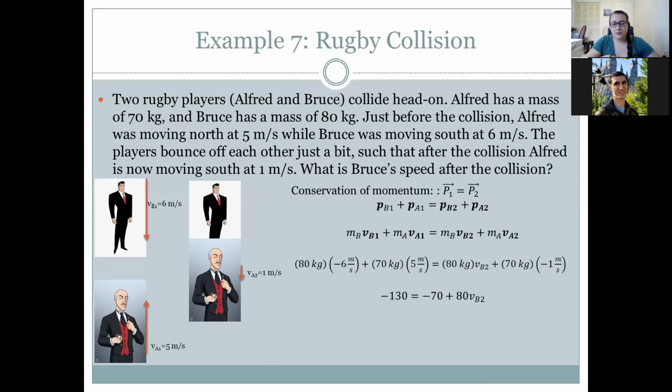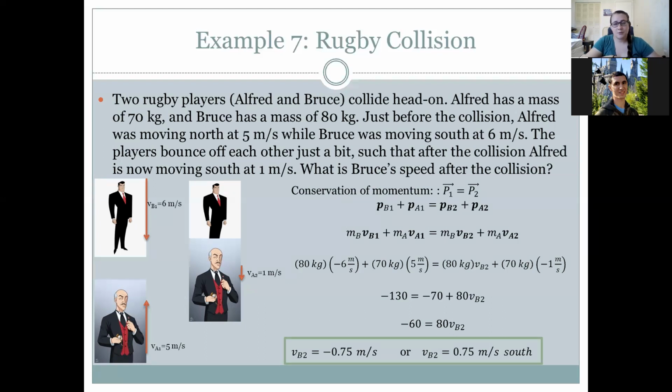After we plug in our numbers, we get -130 equals -70 plus 80 times velocity. We can simplify that a little bit more and a little bit more until we get our velocity for Bruce is -0.75 meters per second or 0.75 meters per second south. Either of those is acceptable.